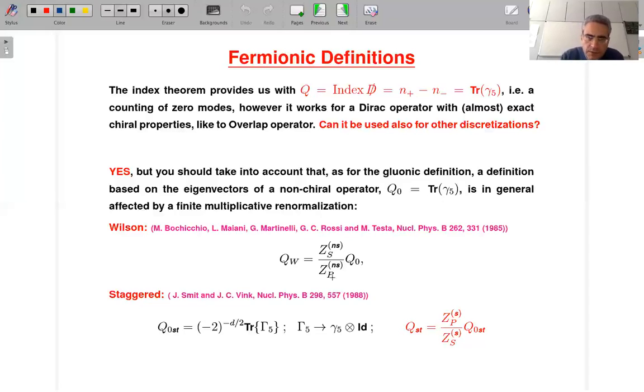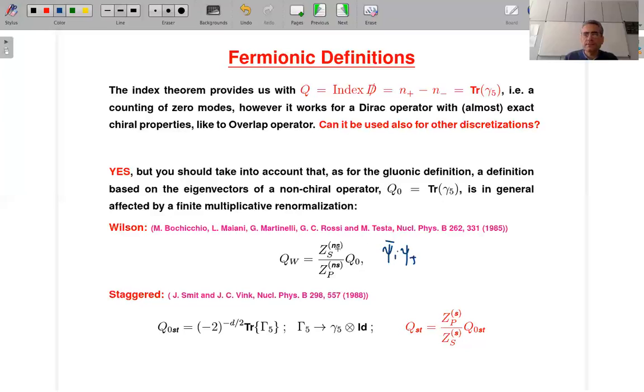It is related to the renormalization constant of the scalar and pseudo-scalar non-singlet operator. Non-singlet means that, for instance, for the scalar one, you consider all the operators like psi bar i psi j, with i and j in different flavor sectors.